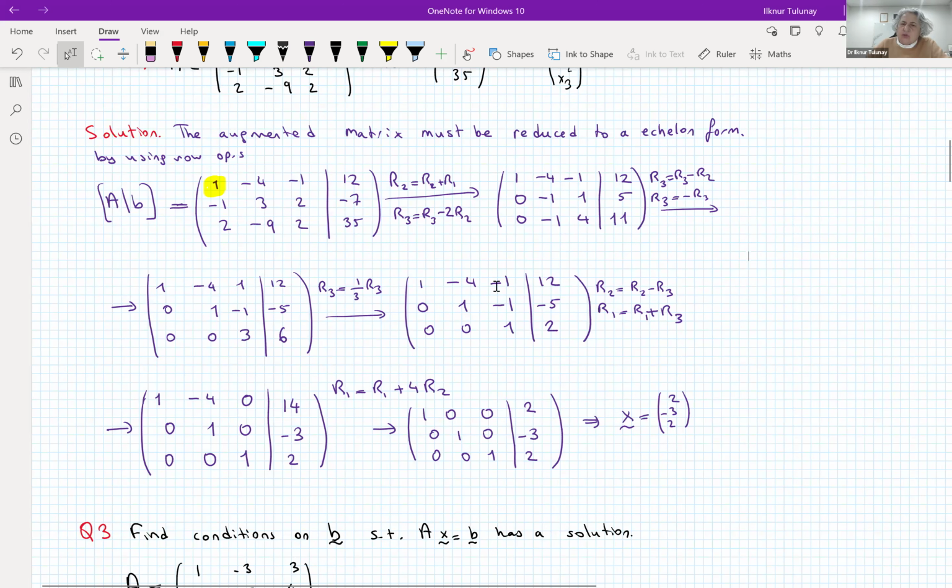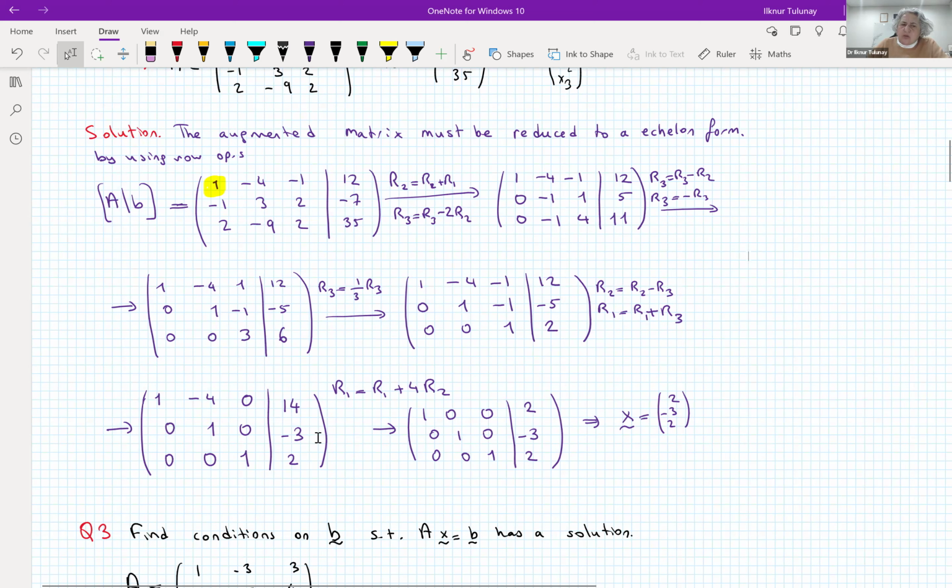Okay, now I want this position 0, this position 0, this position 0. I can just add row 3 to row 2 and row 1, and these two will be 0. That's 0, that's 0. If I do that, this one added with that one, I will have minus 3 in this position. If I add this one to here, I will have 14 for this position. Now, the only thing left in here is this position. So I have 1 here and all the others 0.